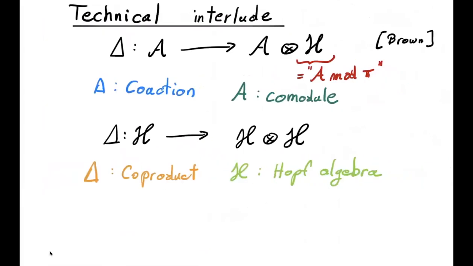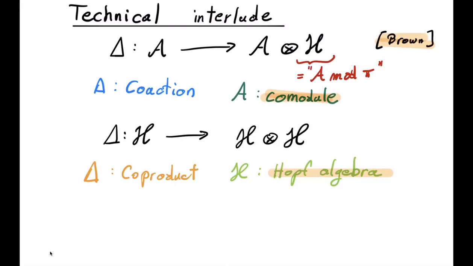Now, technically, I should say that all I said, I was really oversimplifying. The polylogarithms do not form a Hopf algebra, they form what is called a co-module. And it's only the polylogarithms modulo discontinuities that form a Hopf algebra. For the details, you can, for example, look at papers with Francis Brown.